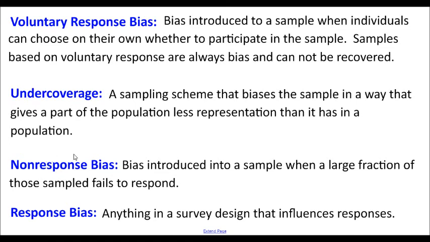Non-response is when you have a larger fraction in a group or one specific area that fails to respond. Voluntary response, you're choosing to respond, you're choosing to participate. Non-response is very similar, but it's when you have a large fraction that does not participate. And response bias is when we're steering an answer one direction or another.